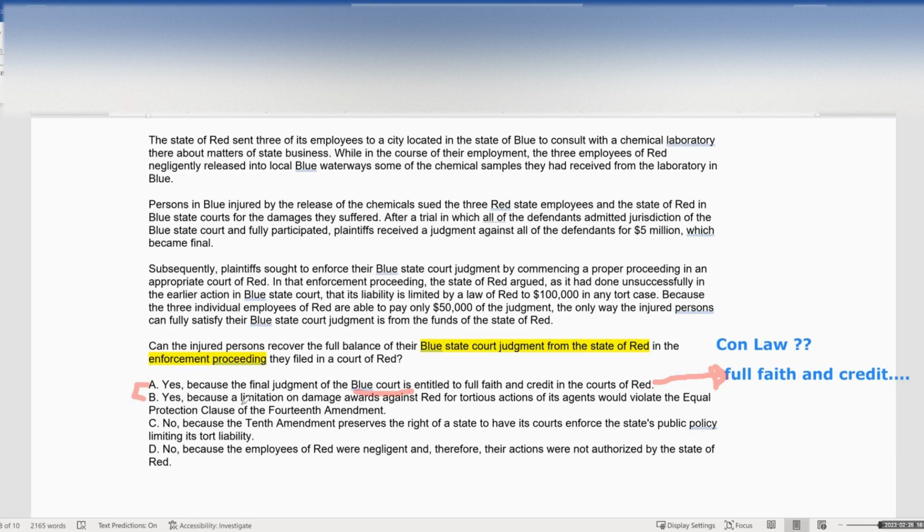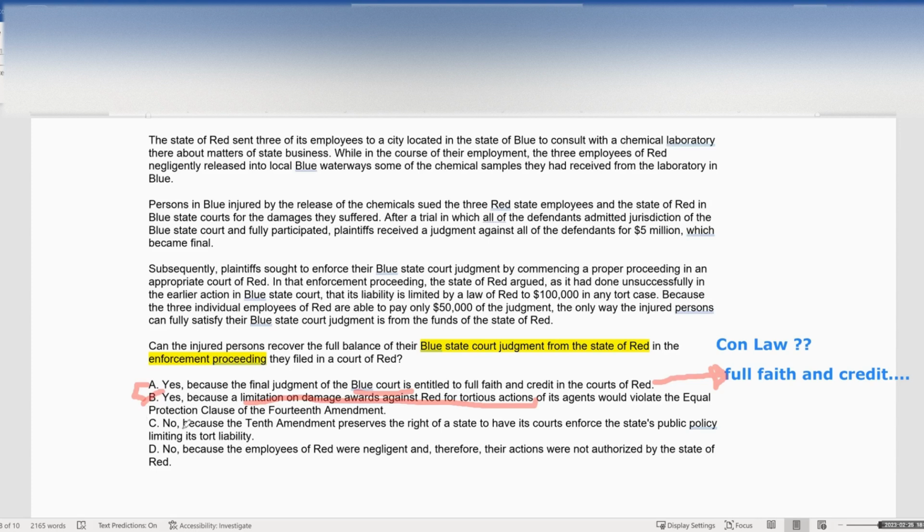B says yes, because a limitation on damage awards against red for tortious actions of its agents would violate the Equal Protection Clause of the 14th Amendment. No, there is no constitutional violation if you set limits on damage awards. States do it all the time. So you can cross out this answer choice because that is a wrong statement of the law.